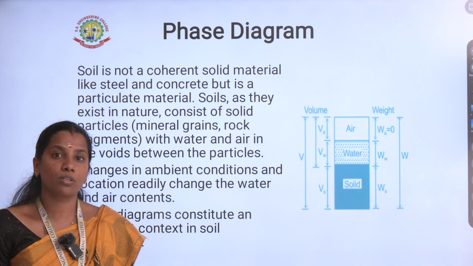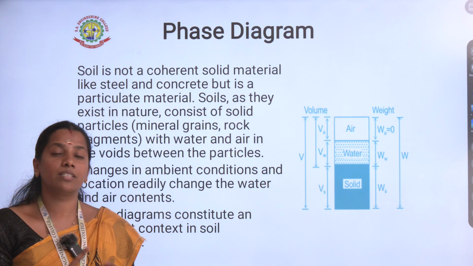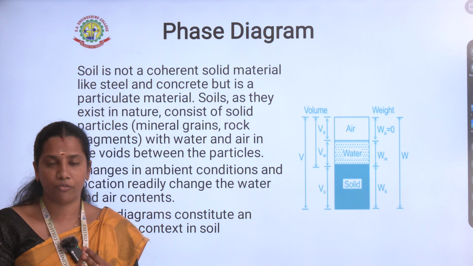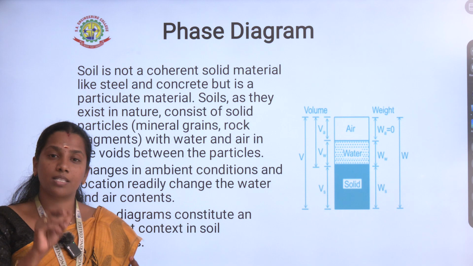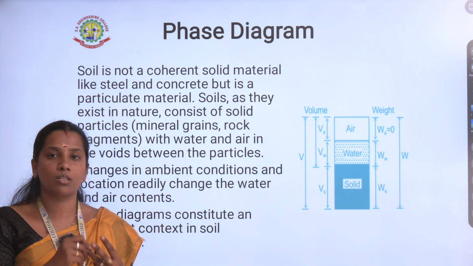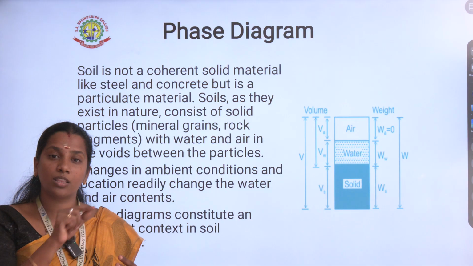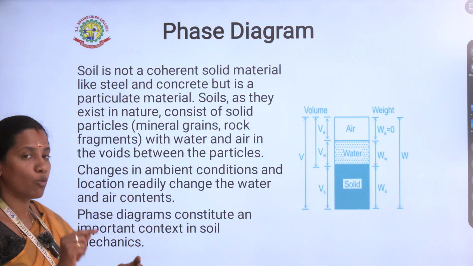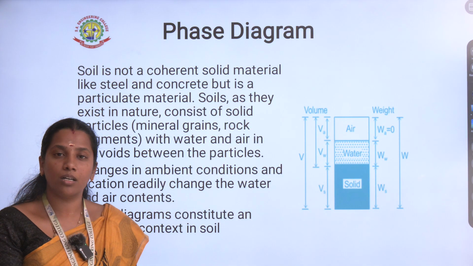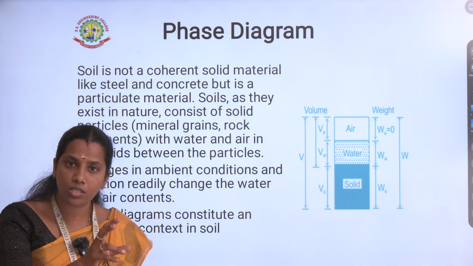But when we come into soil mechanics, we deal with three kinds of phases. In soil, the solid is the soil particles, which are the soil solids, and in those soil solids we have some voids. The voids can be filled with air or with water.